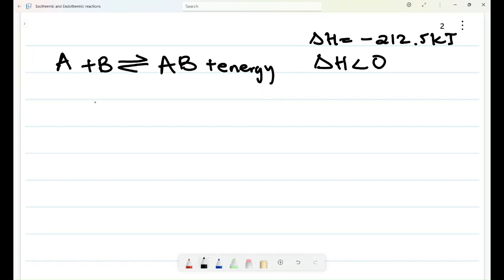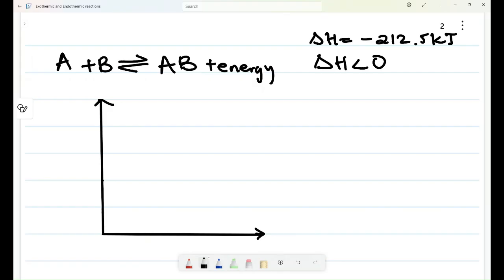Now, how do I draw a graph like this? It will be a graph like that, maybe. So now, let's say it is less than 0. So it means the energy of the products will be lower.